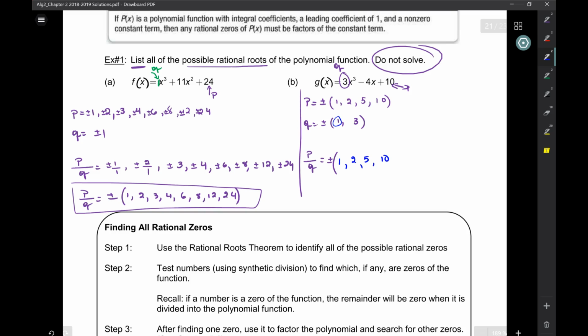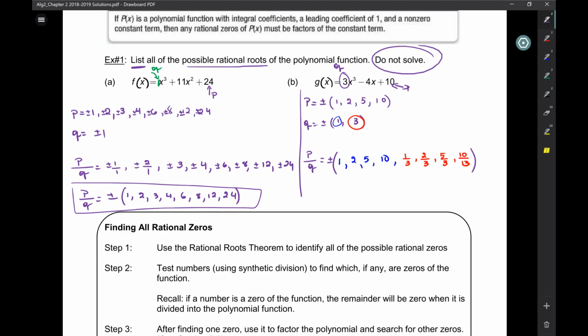Okay? Then I'm going to divide each of those P's by 3. So 1/3, 2/3, 5/3, 10/3. Okay? What do you do when you get into really big numbers?